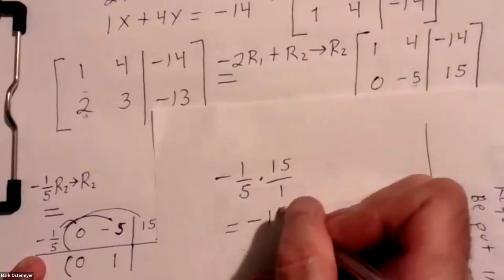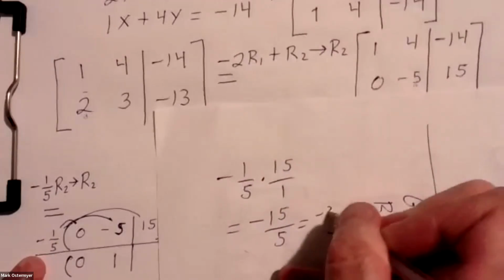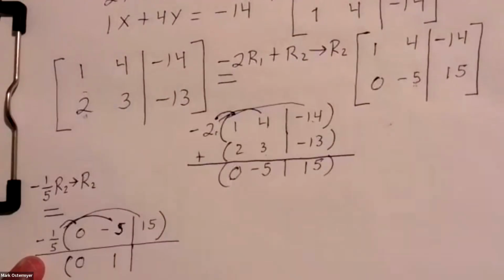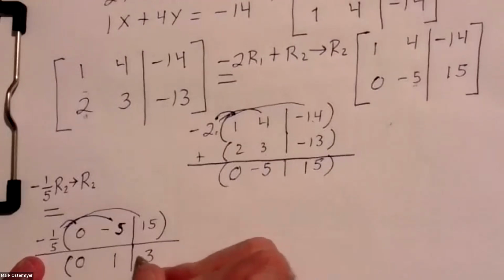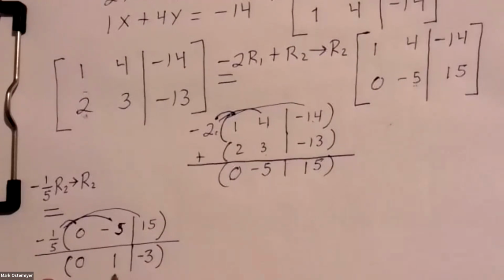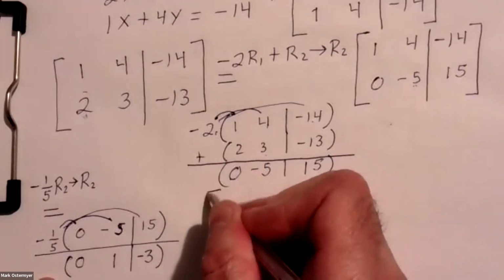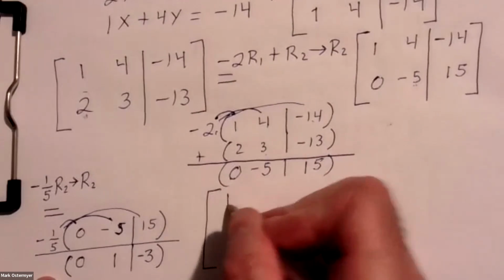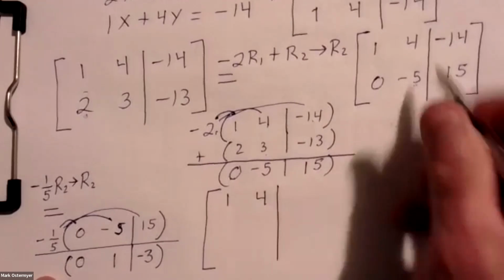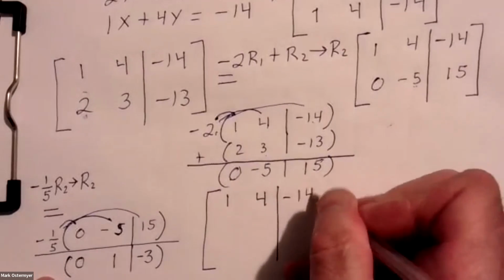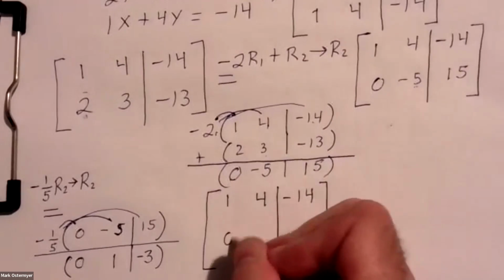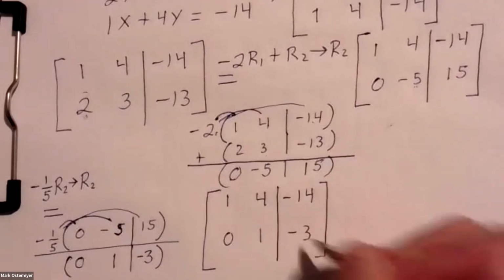That gives you -15/5, which is what? -3. So this entry becomes a -3. There's your new equivalent row 2. Let's pencil that in. So my new equivalent matrix now looks like this. Notice we did not change row 1. Row 2 is 0, 1, -3.